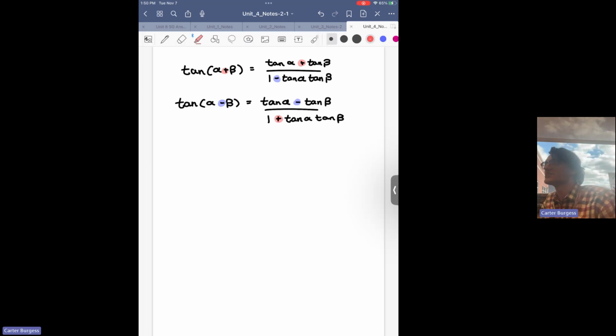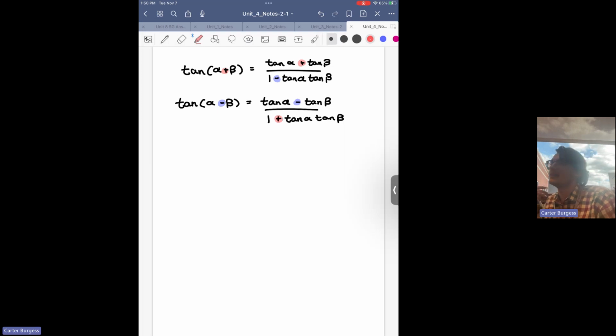So the numerator is nice in as far as the plus will stay a plus, the minus will stay a minus. The denominator is mean in that the plus will switch, the minus will switch. But otherwise, it's exactly the same.